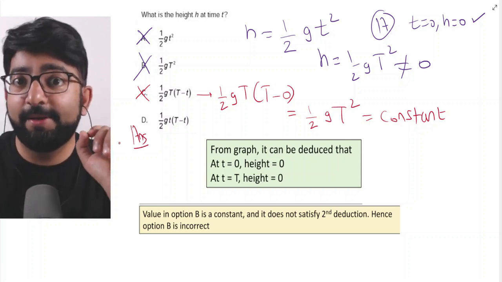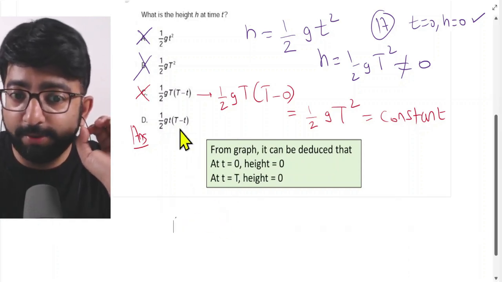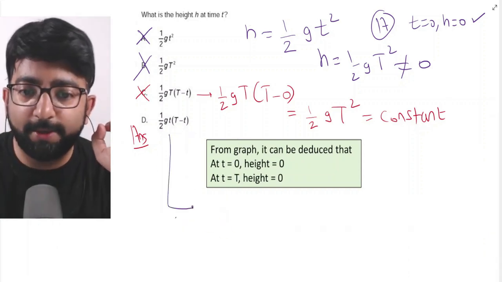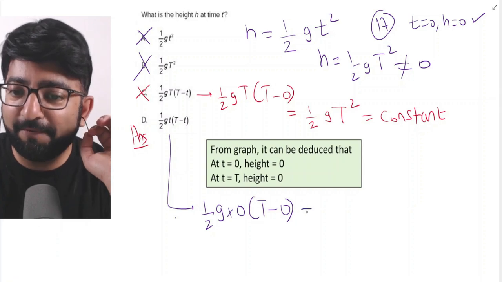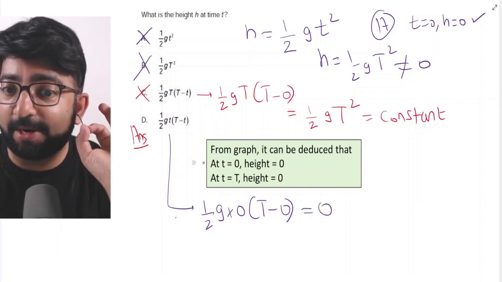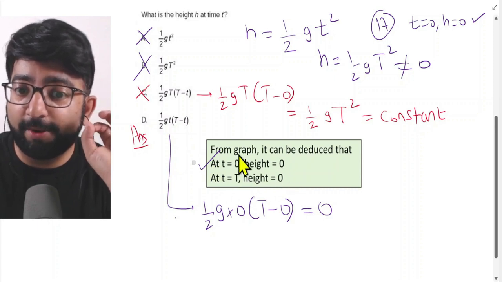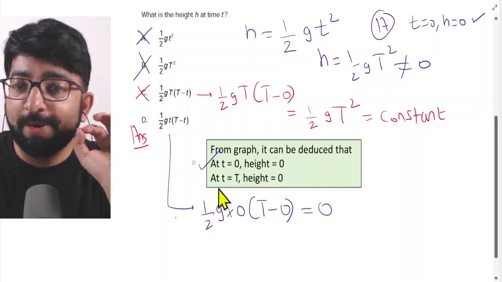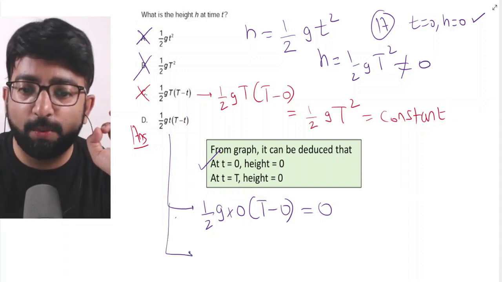But still, let us analyze why option D is correct. So let us try to put t is equal to 0 in this expression, option D. It will become half g into 0 into capital T minus 0, which when simplified is just 0, which means it is satisfying the first condition, which is the height needs to be 0 at the starting point, time t is equal to 0. Now, instead of the time, we will put capital T. So let's put that in and let's see what we get.